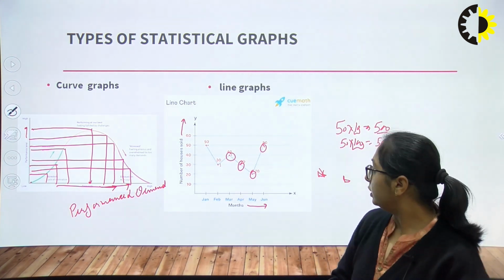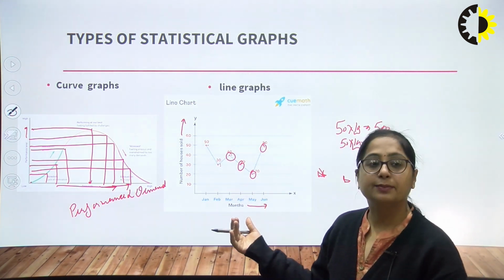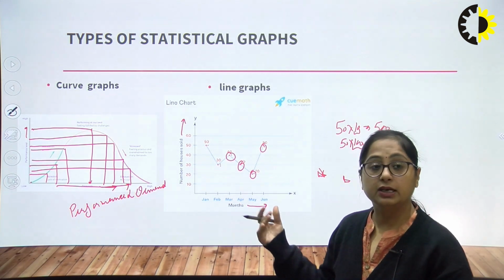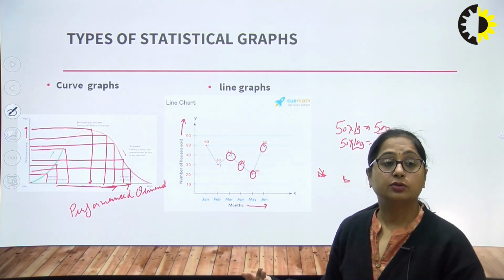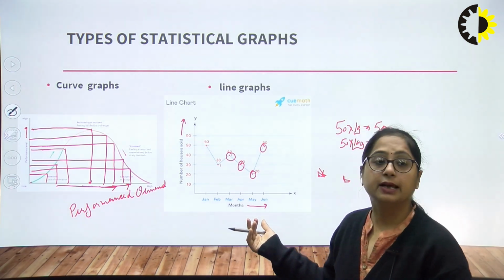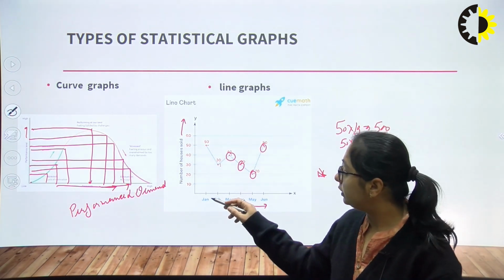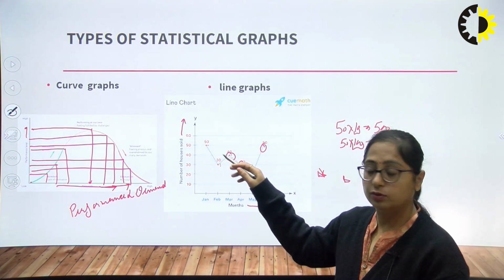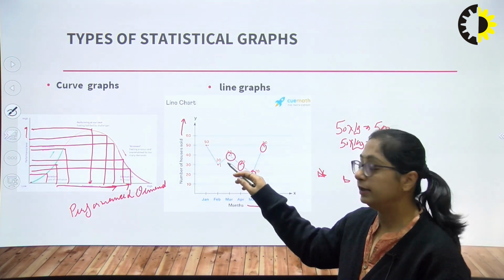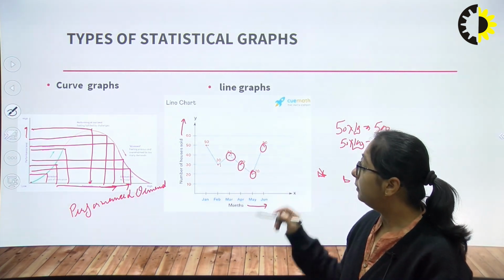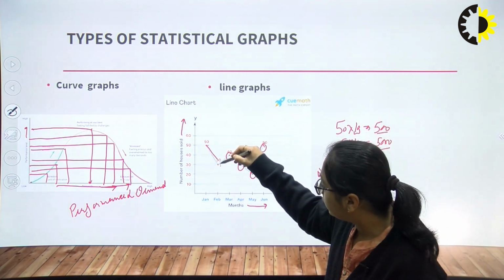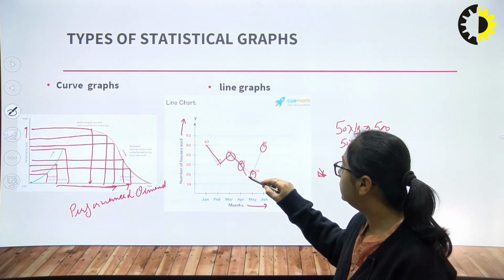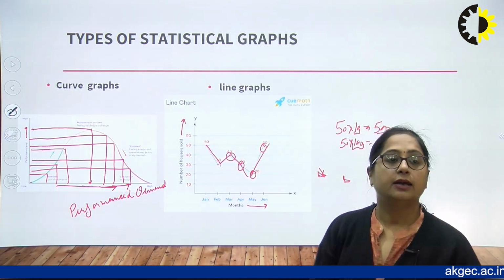If the company wants to summarize its sales, it can draw this line graph. At the end of January it sold only 500, then at the end of February, March, and based on the points we recover from that data, we put that line.